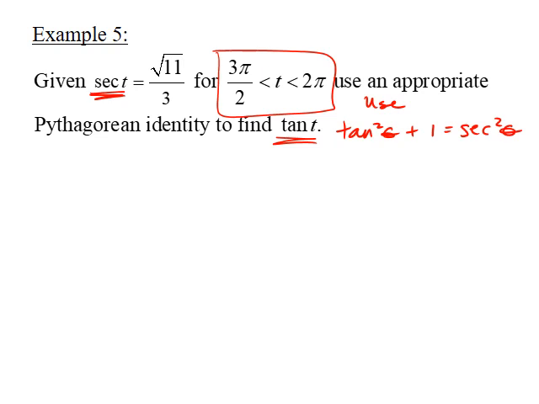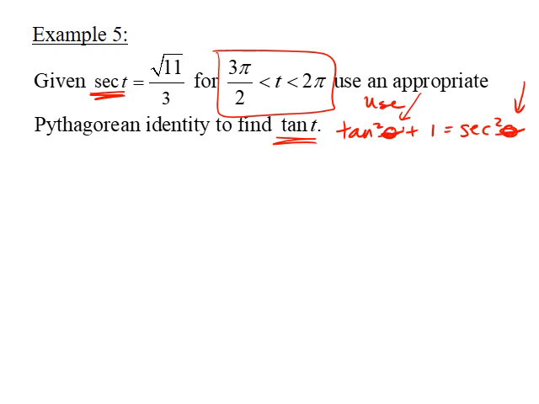Now, this theta, this angle measure here and here, you always need to write that angle measure. You can't just have tangent squared with nothing following it. Theta is known as the argument of the trig function. Okay, so we are going to use this formula and plug in the information that we know.